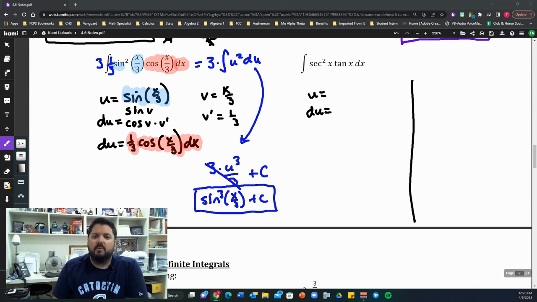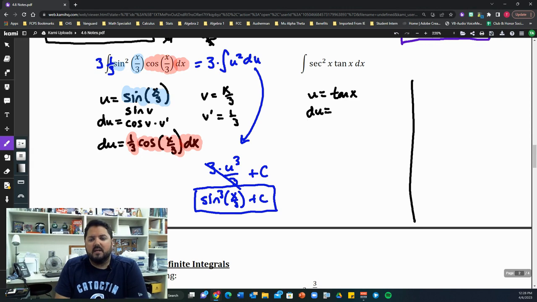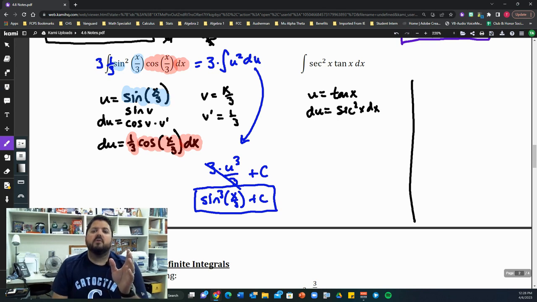One possible way: if you look at the two pieces, we basically have two factors. The logical choice for u would be tangent of x, because its derivative is the other factor here, secant squared x dx. That's the easiest, most straightforward way to do this one.